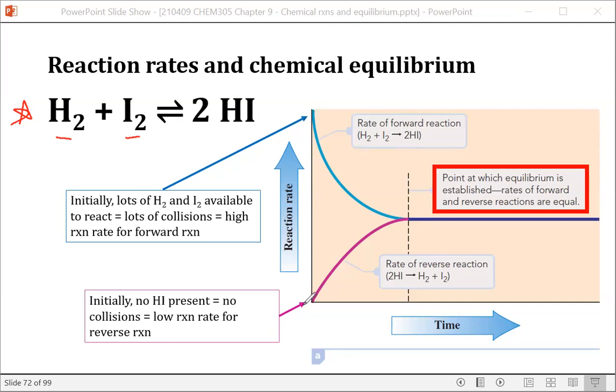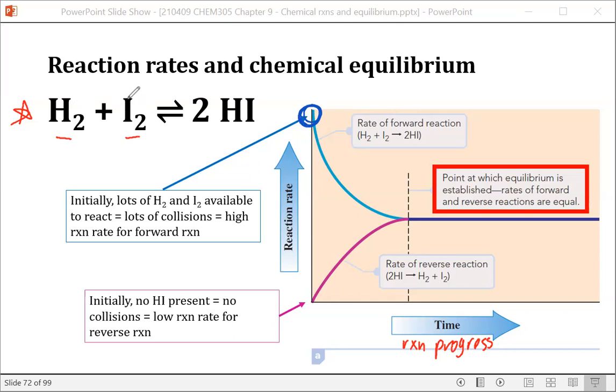If you map this out with reaction rate, the speed of the reaction, along the y-axis, and the time or reaction progress along the x-axis, what you see is that at the beginning of the reaction, when you first start it, you initially have a lot of your reactants. It's like you just mix them together, and so they're going to instantly start reacting together.